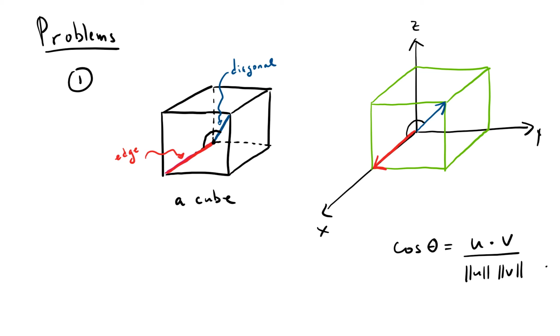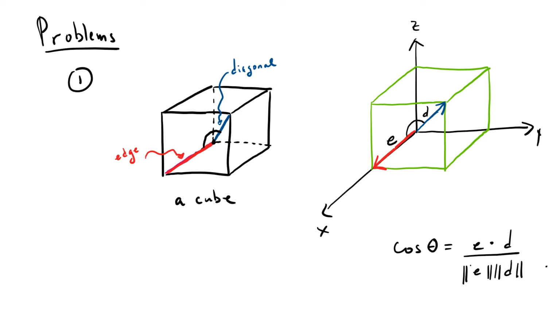Okay, so this could be u, this could be v, or maybe even better, I could call that vector e for edge, d for diagonal, and then modify the formula here accordingly, like this. There we go.